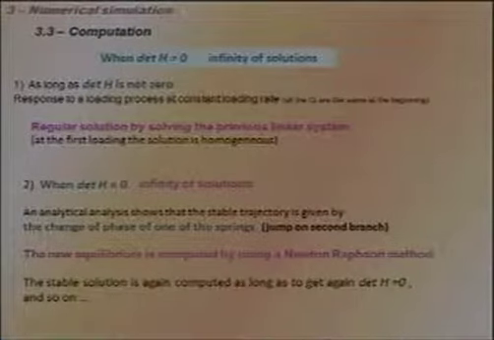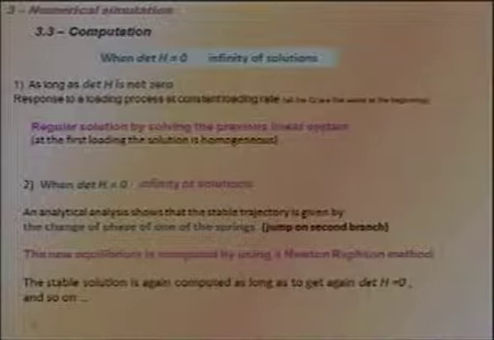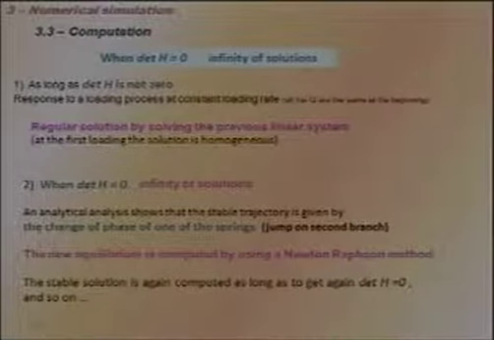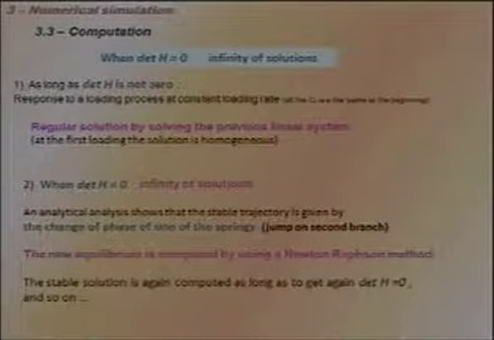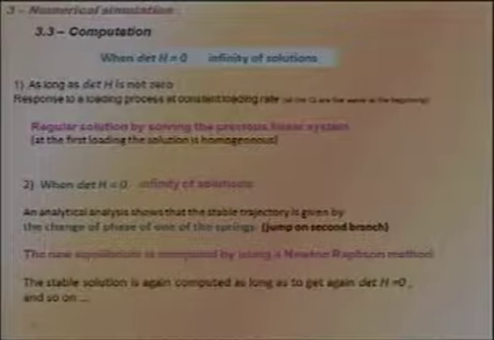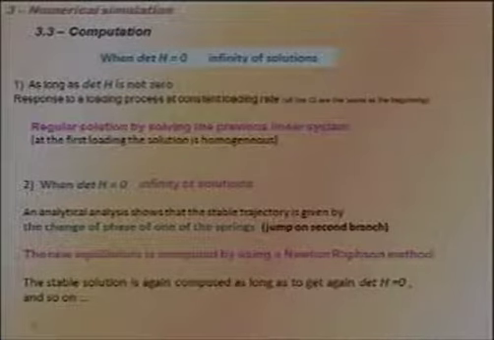That means that for a spring, there is a jump to the second branch of the behavior law. The new equilibrium has to be computed at that time after that jump using Newton-Raphson methods, and we get again a system with a determinant of H which is not 0, and we compute again until we get these conditions again and have a second spring jumping to the second part of the curve.